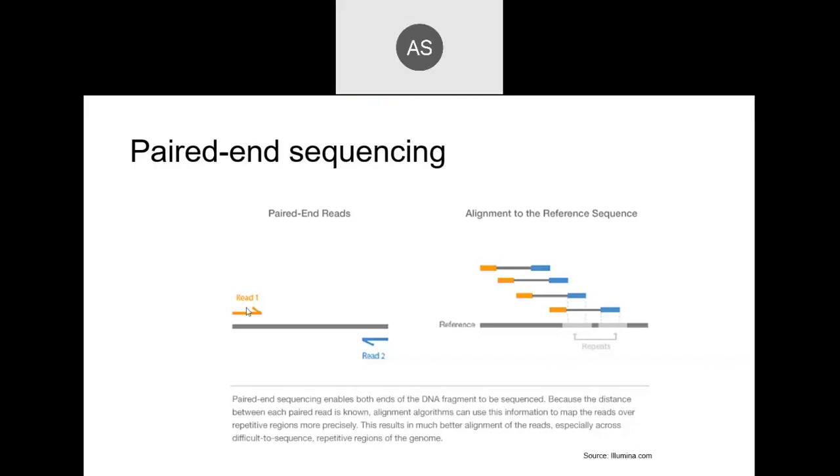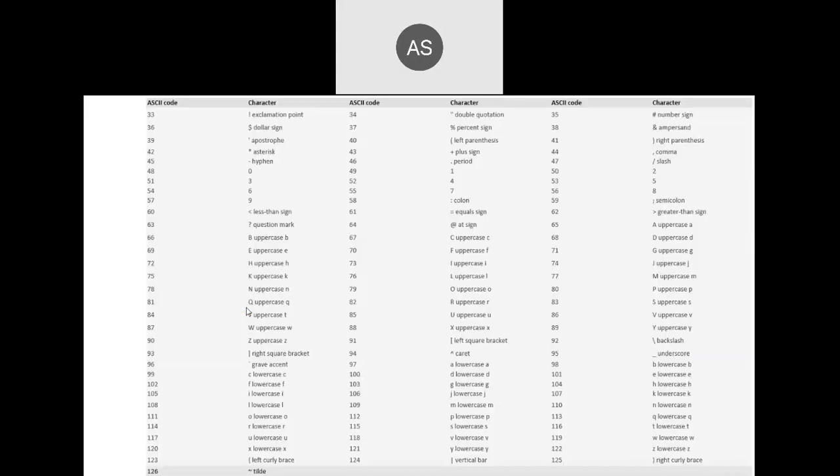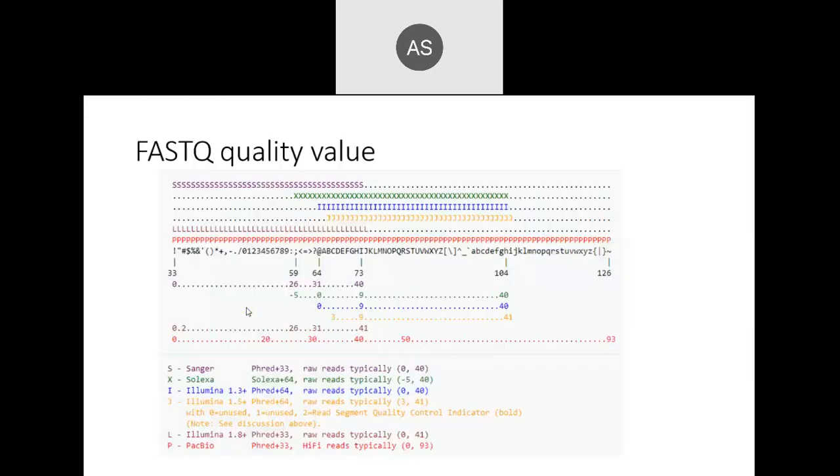Sir, those lines are representing the raw reads only, with the types of next generation sequencing? No, no. These lines are just showing the different types of Phred encodings used. Encoding means what codes are being used to assign the Phred quality values to the raw reads.